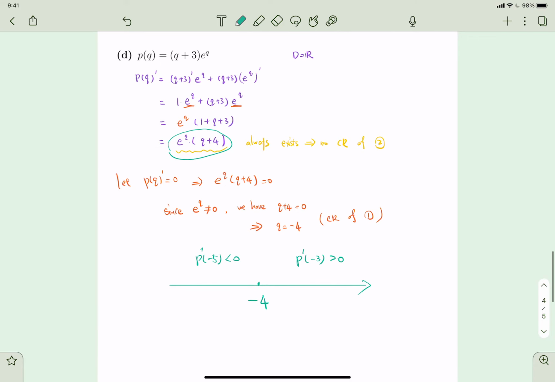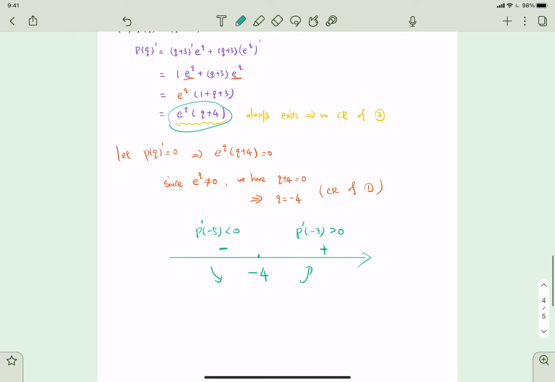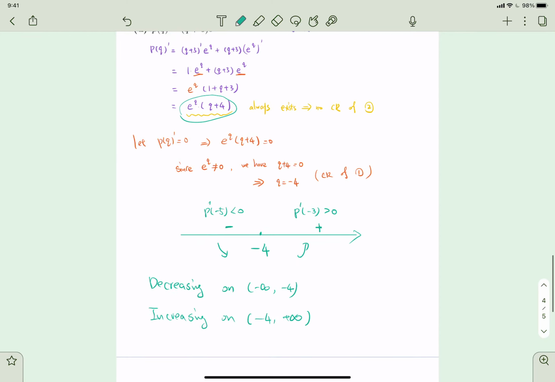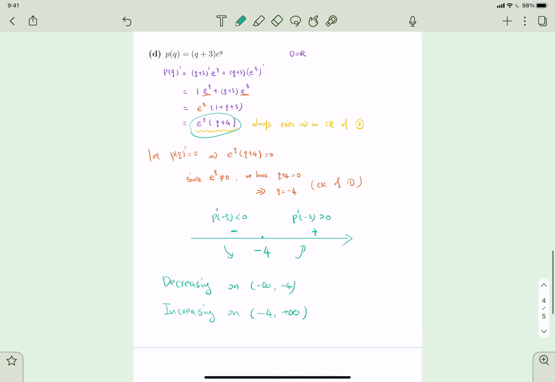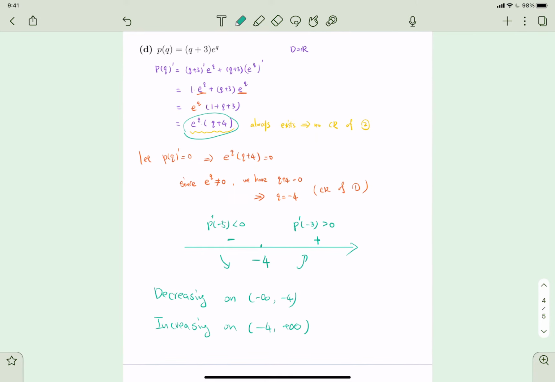So it's going to be decreasing here, increasing here, because negative sign here, positive sign here. Now we draw our conclusion. This is decreasing from negative infinity to negative 4, and increasing from negative 4 to positive infinity. So that is our answer to question D.